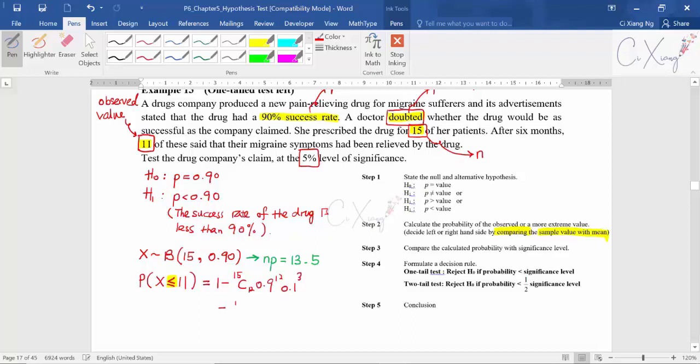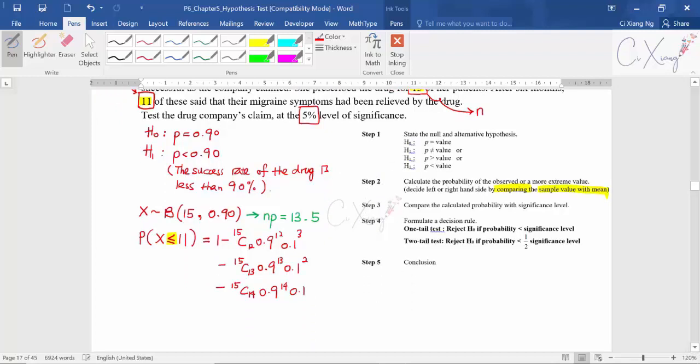Then minus again 15C13, 0.9 power 13, 0.1 power 2. And also 14, and then 15.